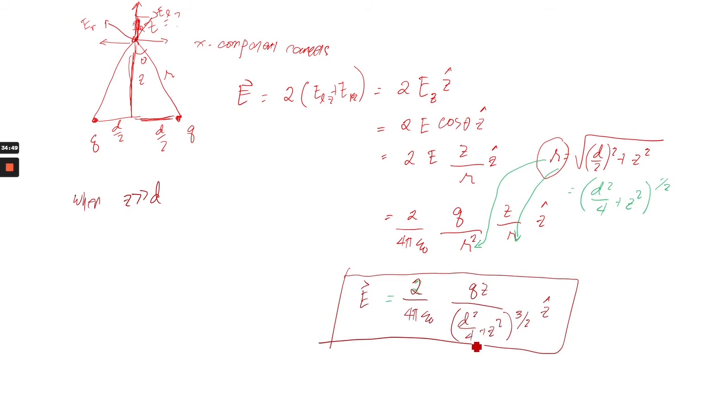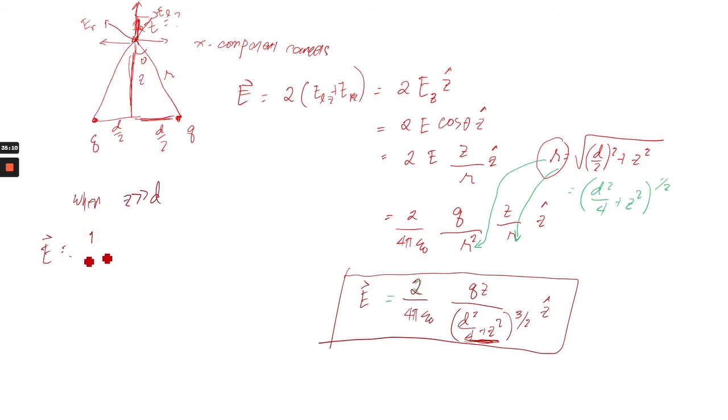In that term, d is negligible compared to z because it is small compared to this. So your equation becomes this.